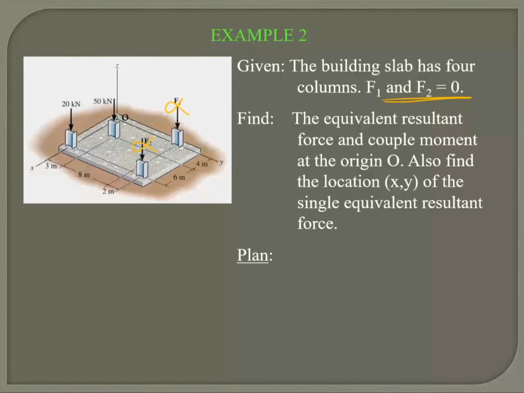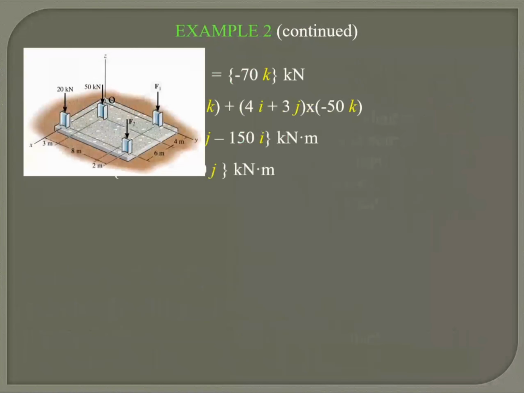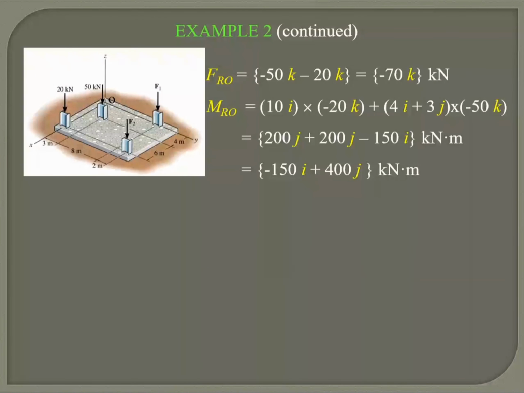So let's look at first the resultant force. This is 3D, okay? So let us look at the resultant force, the sum of all the forces along X, Y, Z. I don't have force acting in the X direction, and I don't have force acting in the Y direction.